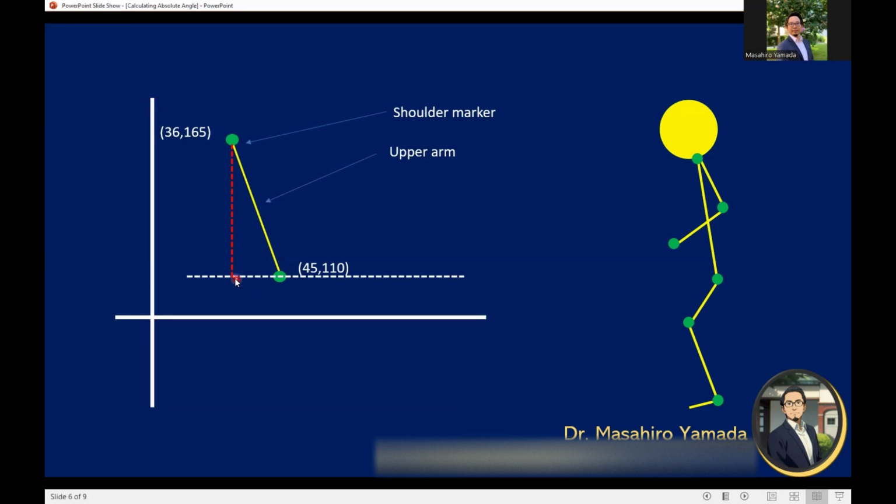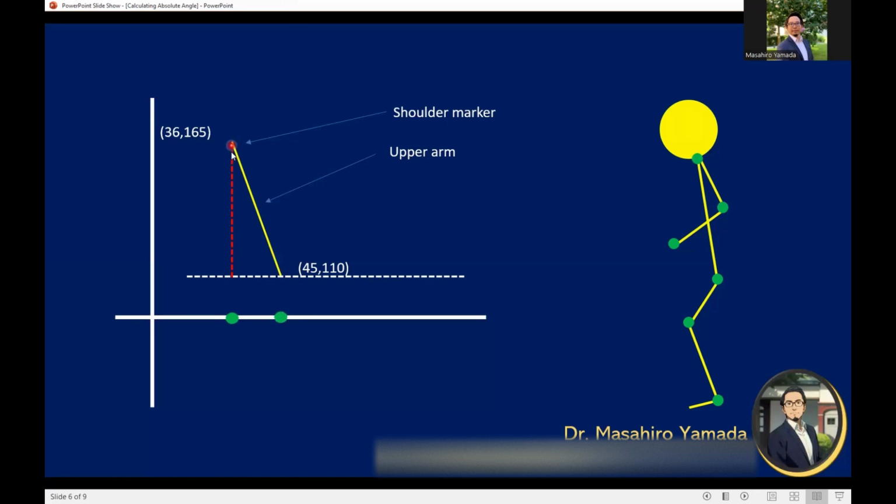We want to obtain the length here and the length here. Imagine that you shine a flashlight towards the wall of the x-axis. Then there will be a shadow of this shoulder marker and elbow marker, like this and like this.